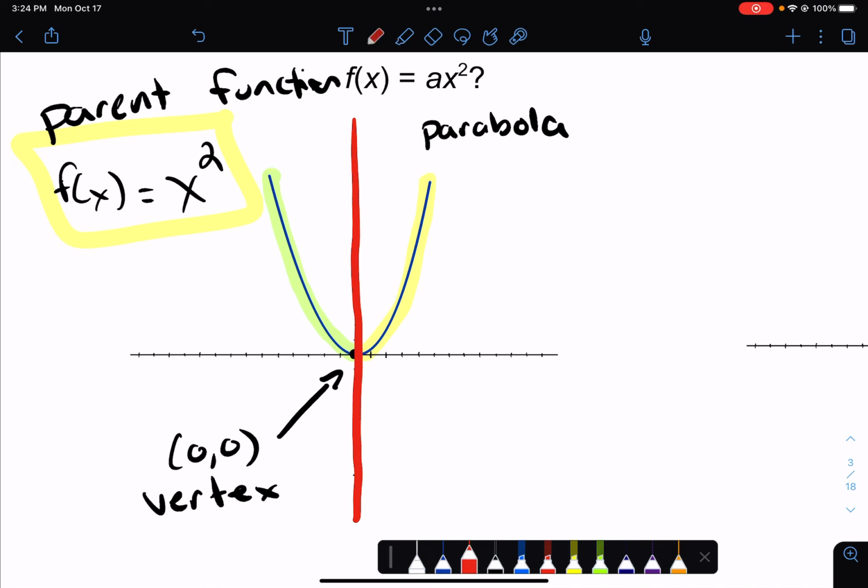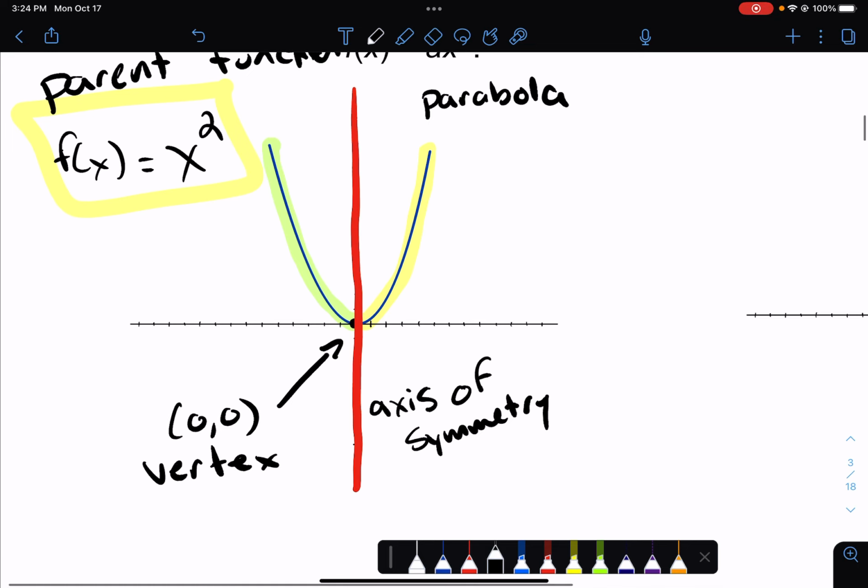And this line going up and down the middle, we don't actually draw it very often. We know it's there because it's where our image has this mirror happen. But that line right there is called the axis of symmetry. It's kind of the line that would be the mirror image, right?